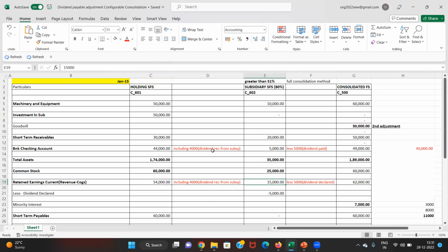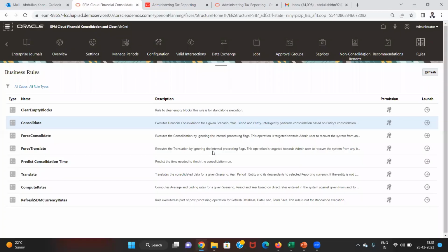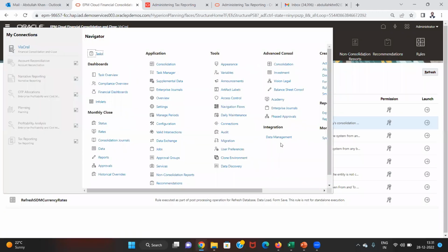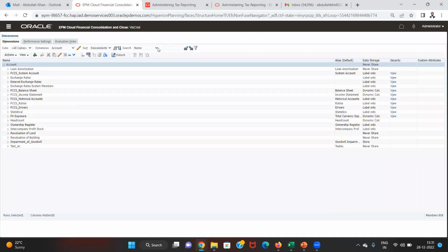Then for subsidiary, we have assumed that revenue minus COGS is 15,000. Thereafter, we have paid the dividends. So the dividend declared is an adjustment from the retained earnings. I can just show this to you through the hierarchy in our account dimension as well, that the dividend declared is a child of the retained earnings hierarchy under the account dimension.